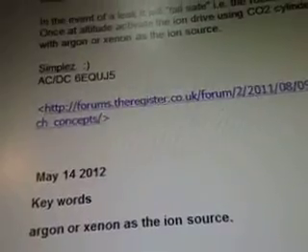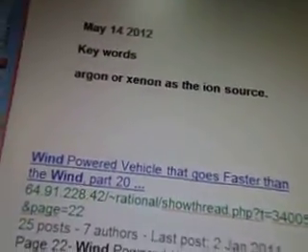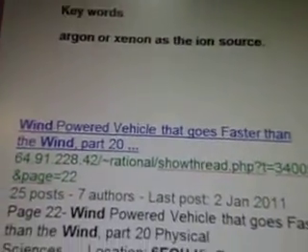So this is important. So you can find him on the forums, theregister.co.uk. You want to look him up? That's where you want to go. May 14th, 2012, the keywords in that particular little blurb there is argon or xenon as the ion source, okay?